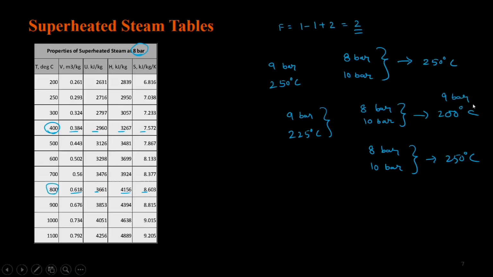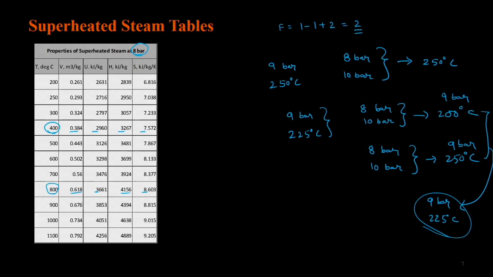So first I do this for 9 bar 200, then I do this for 9 bar 250, and then I take these 2 quantities and interpolate again for 9 bar and 225 degrees centigrade. We call this double interpolation. The first time for 200, the second time for 250, and then we interpolate again for 225 degrees centigrade. That's how we get the value at 225. So we can suitably use these tables, interpolate, and get to the point we want.